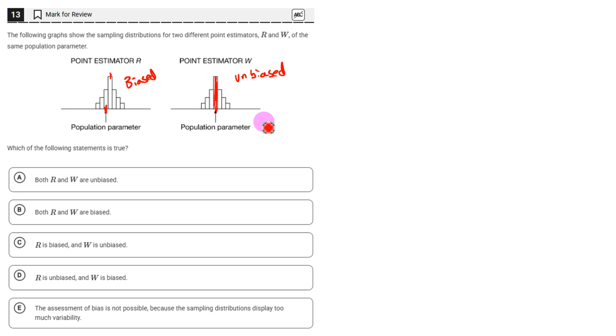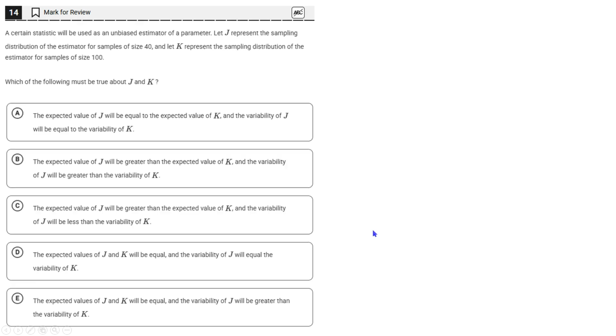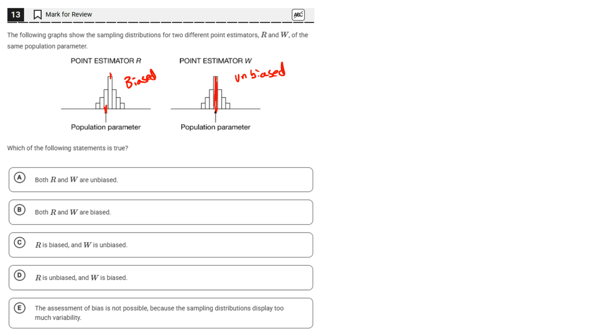A good estimator has low variability and low bias, but low bias can come from any kind of shape. Even if it was much more spread out, as long as it was centered on the parameter, it's fine. Okay, so R is biased and W is unbiased.